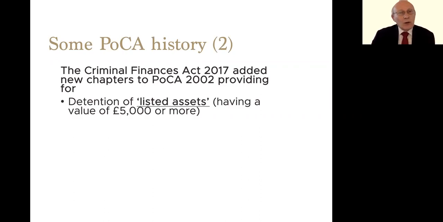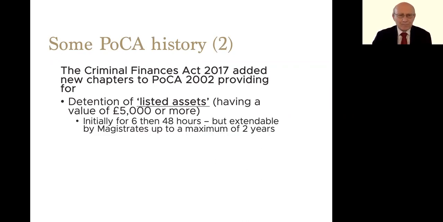So one of the additions in the Criminal Finances Act 2017 was the detention of listed assets having a value of 5,000 or more, initially for just 6 hours and then up to 48 hours. But that was extendable by magistrates up to a maximum of 2 years.